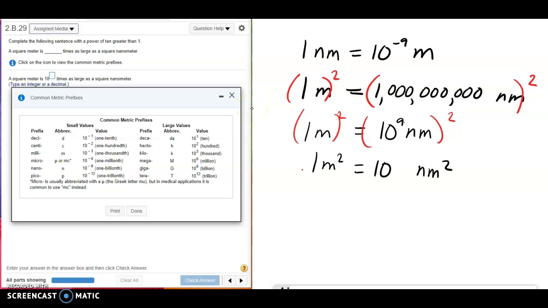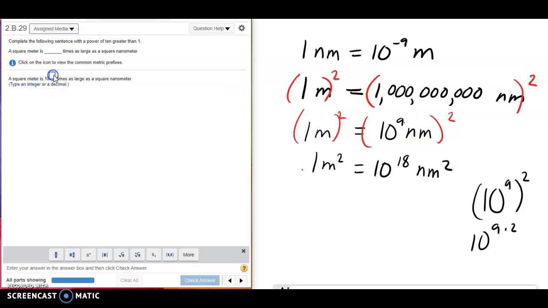So when I square an exponent, the property of exponents says I multiply the two exponents together. Let me write it to the side here. So 9 times 2. So the missing number in here would be 18.